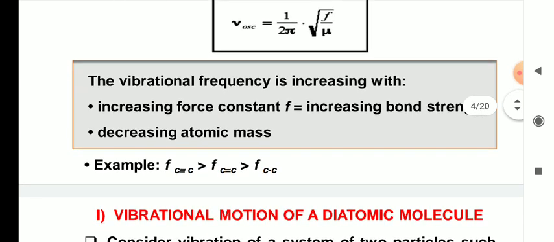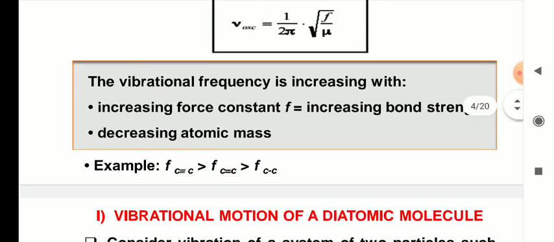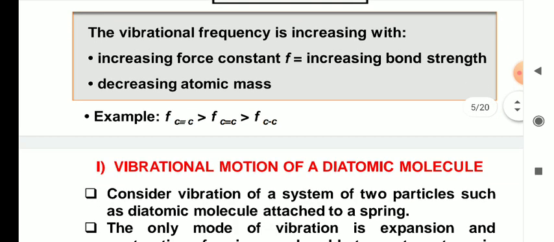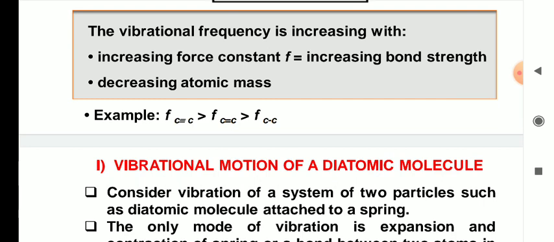The example for this is that the force constant for C triple bond C is greater than the force constant for C double bond C, which is also greater than the force constant for C single bond C.